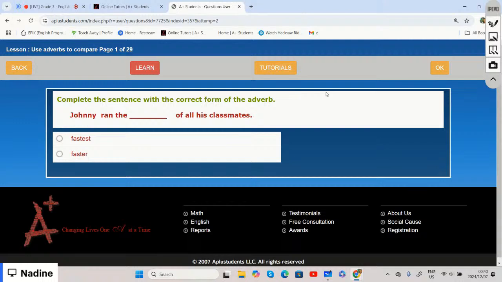So Johnny ran fast, but now if we compare him to the rest of the class, do we say Johnny ran the fastest or faster than all of his classmates? Which one is correct?